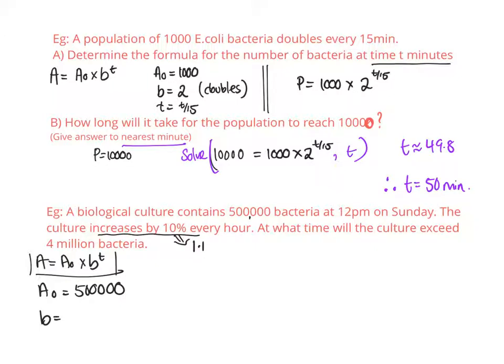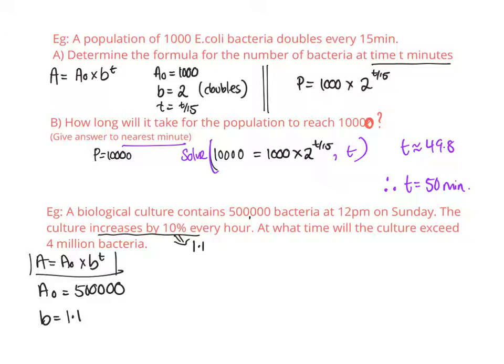Okay, so B is 1.1. Just to practice, if I was increasing it by 20%, what would I times it by? 1.2. What if I was decreasing it by 30%? What would I be timesing it by? 0.7. Can you see that? So you can work it out.